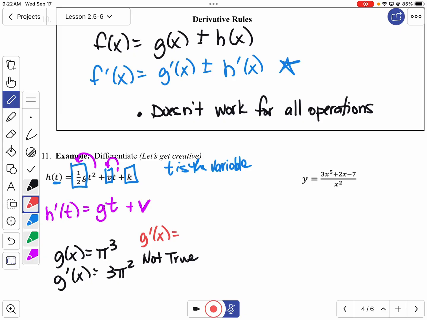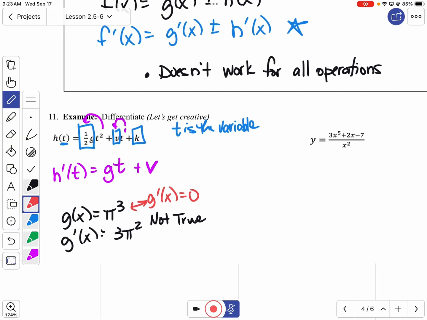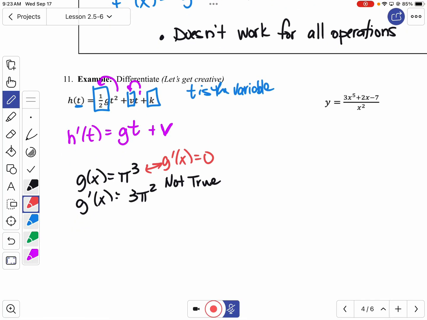A really big number, and the derivative of a really big number would be 0. That is the true statement. Pi is a number, so the derivative of a constant is always 0. That's on a coffee cup because math nerds need math coffee cups.